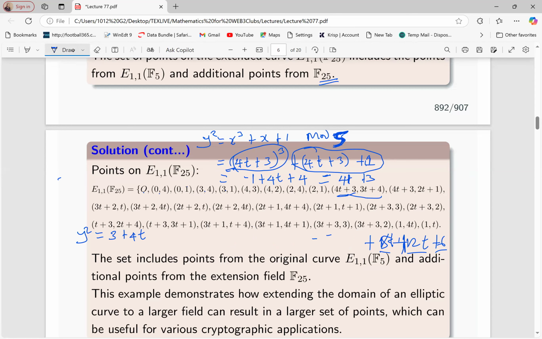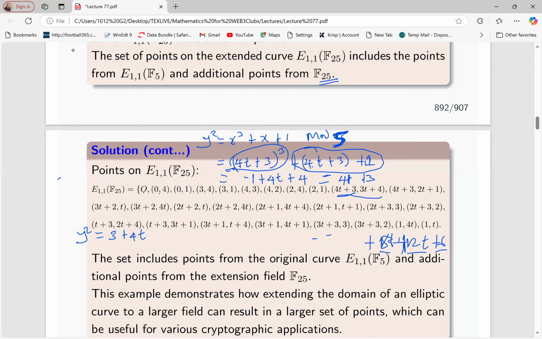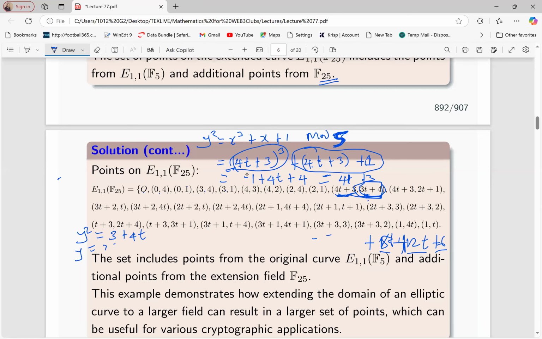So I wanted to show that when the x part is this, then the y part will be this. What I want now to prove is whether this is a square of this. In this case, the y that we have is 3t plus 4. So I want to square it and see whether it gives me y square.